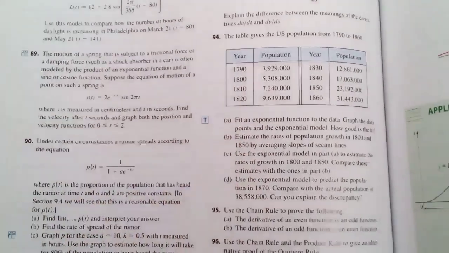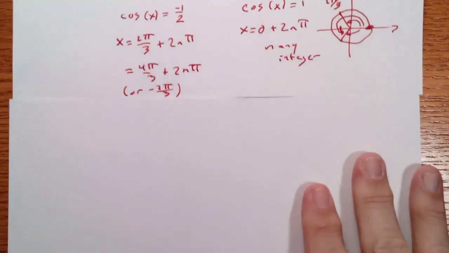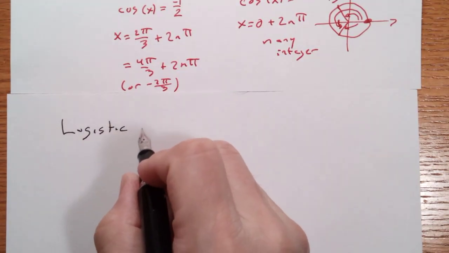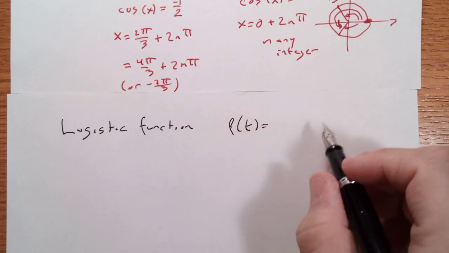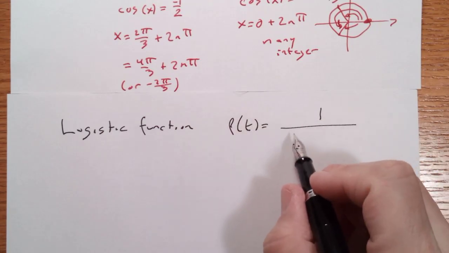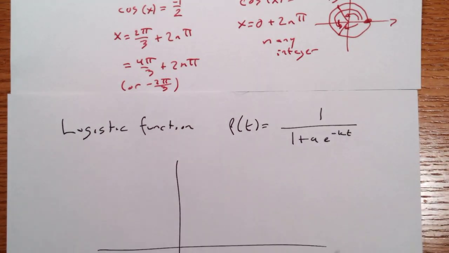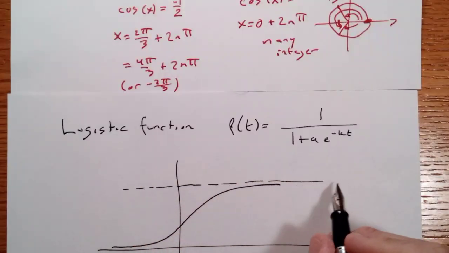The graph of a logistic function, problem number 90, looks like that.